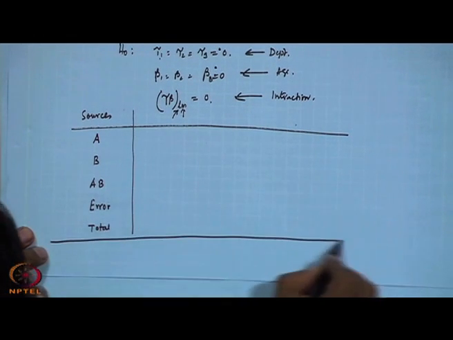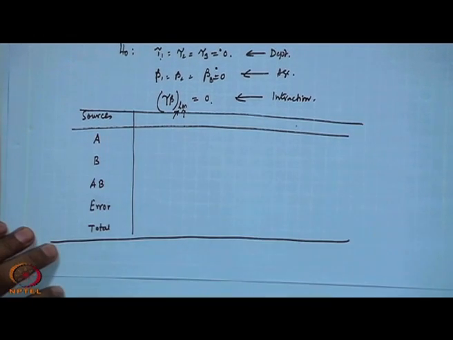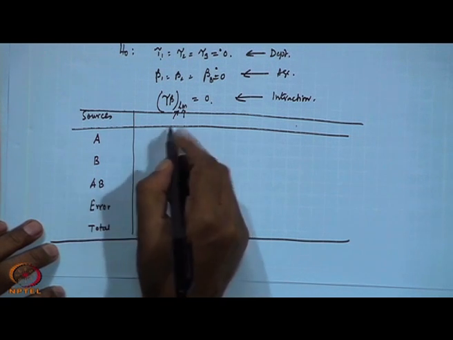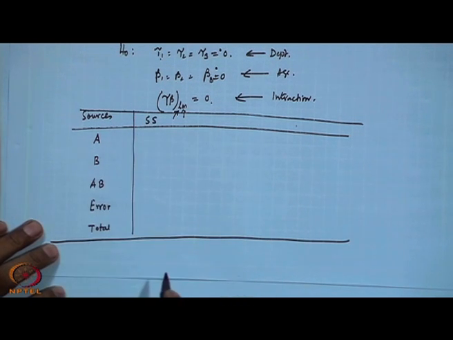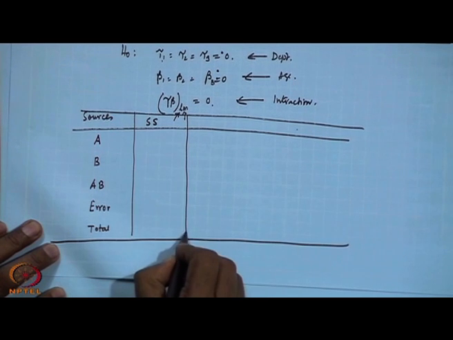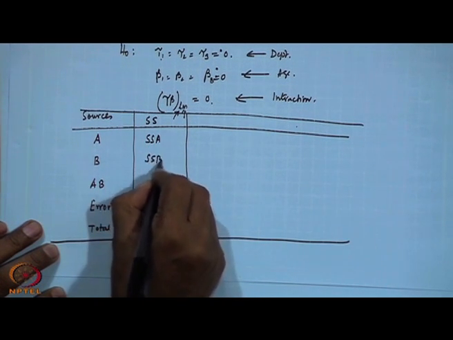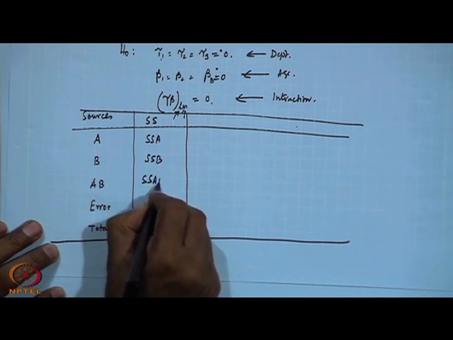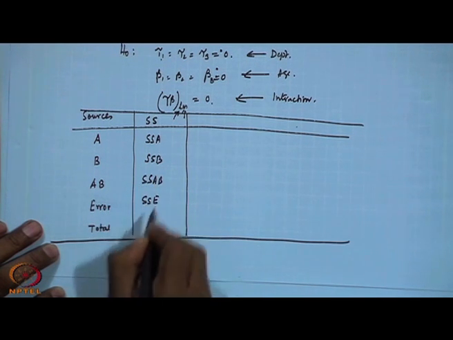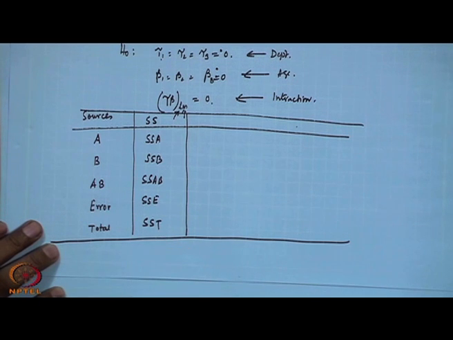So, this is our sources of variation. So, what do you require to compute? You require to compute SS. SS means sum square A, sum square B, sum square AB, sum square error, sum square total.